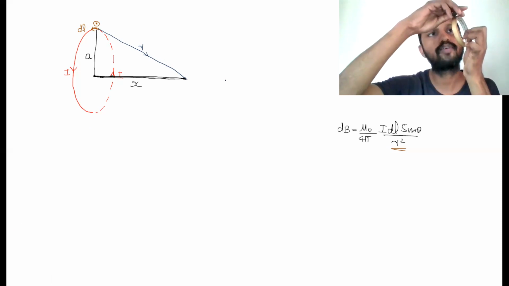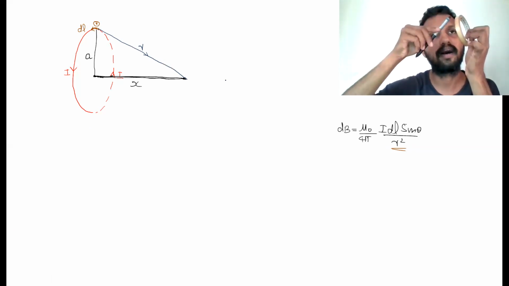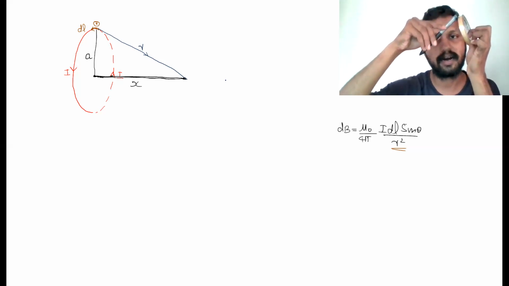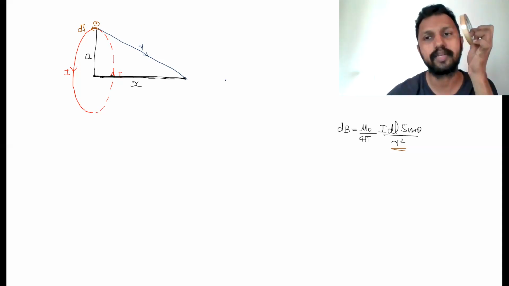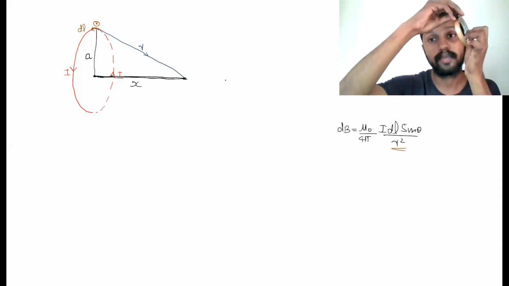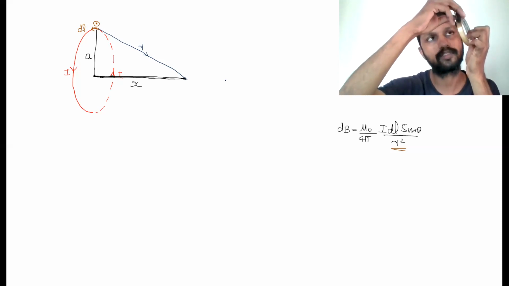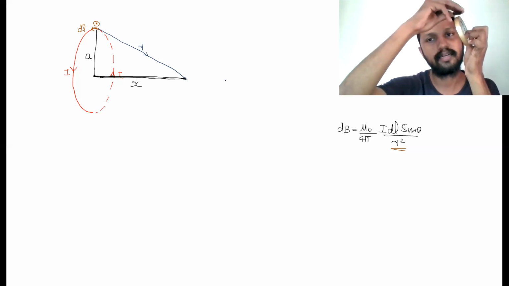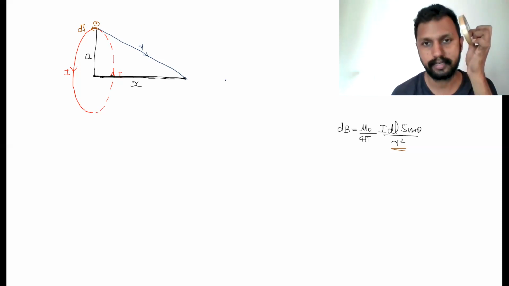The direction of dl, as I have mentioned, is outwards, and r is a line like this. dl and r are making an angle of 90 degrees. Why? It's because dl's direction will be tangentially outwards. This is r, and r and dl make an angle of 90 degrees.